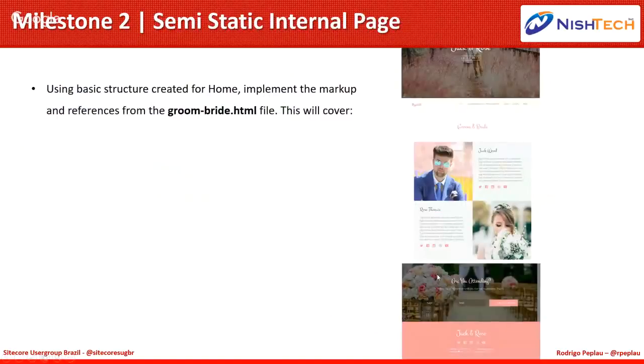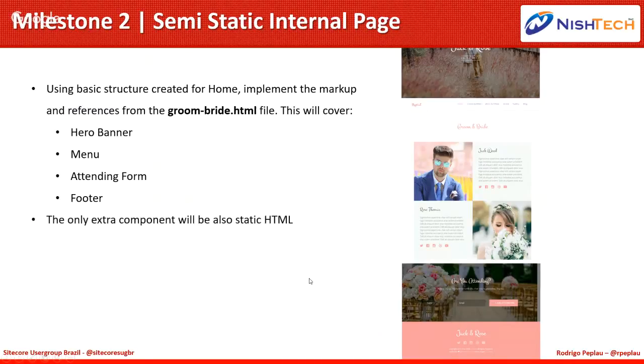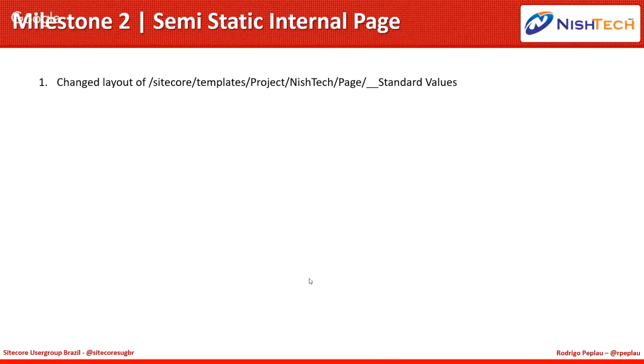Okay, quick one, milestone 2. It's the second internal page. We'll do that all very similar to how we did in the first one. It's a home, a hero banner, a footer, there's a menu, and a form. The only extra is that everything will be static.